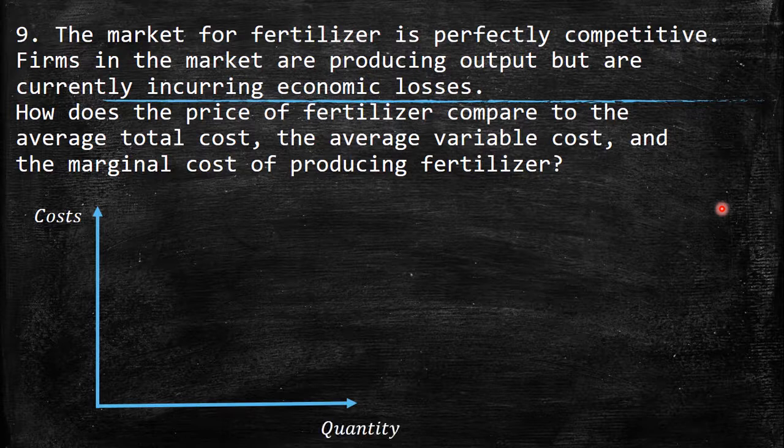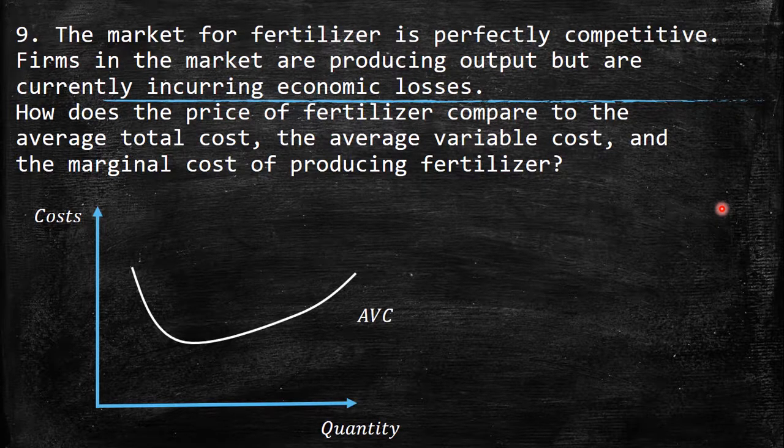Remember that we start from the point of economic losses. But if a firm still stays in the market, it's because this firm is at least covering the fixed cost completely, and actually they are covering in some way the variable cost.